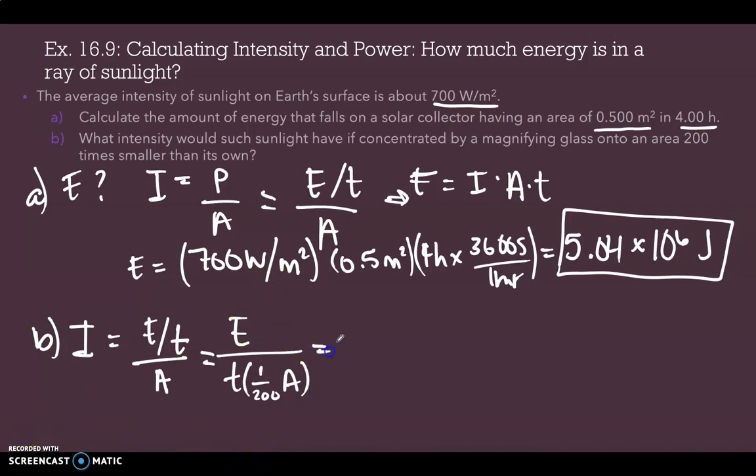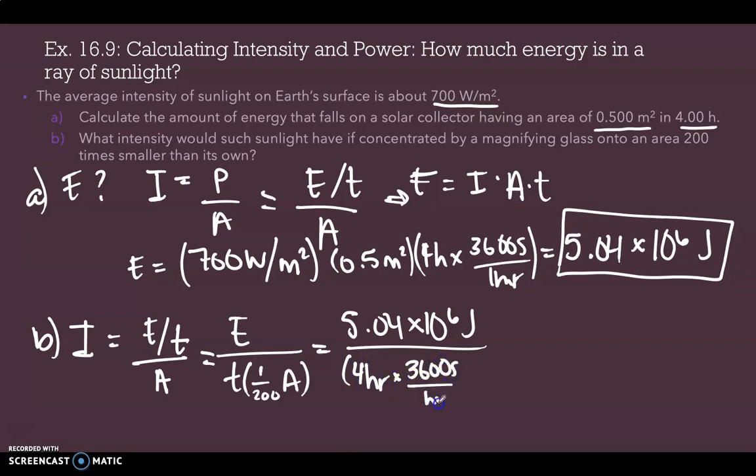So I can plug everything in. My energy I just solved for, 5.04 times 10 to the 6 joules, over my time, which is 4 hours times 3,600 seconds per hour, and then times 1 over 200 times 0.5 meters squared.